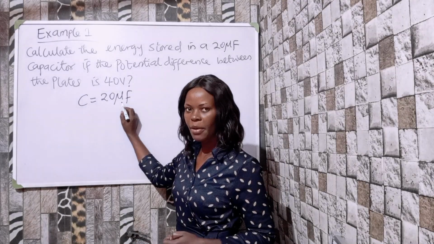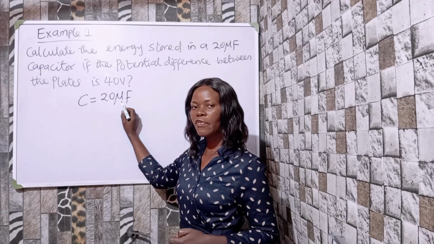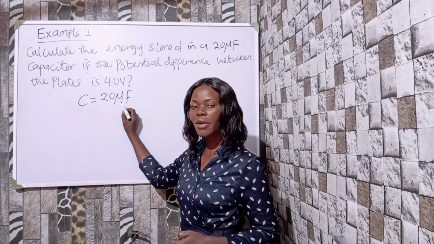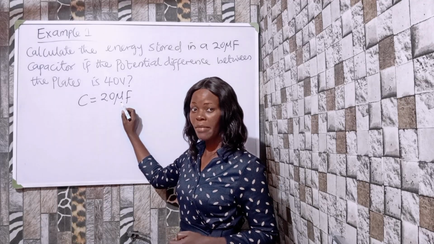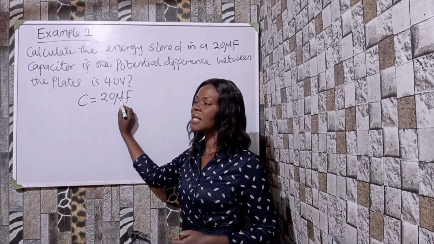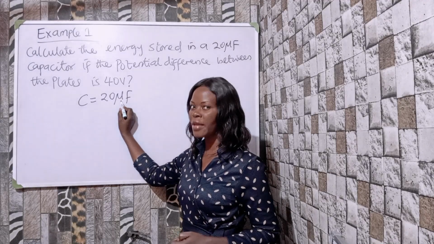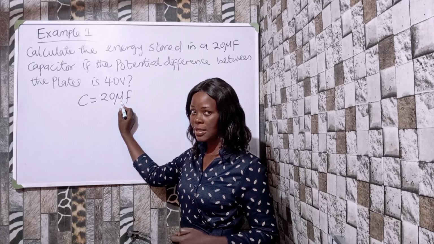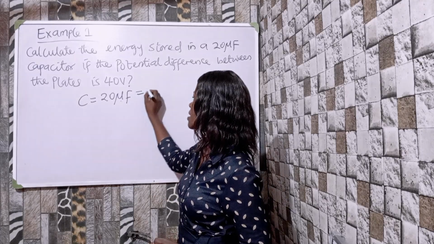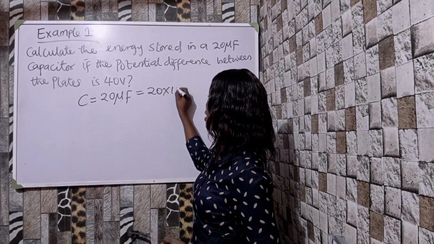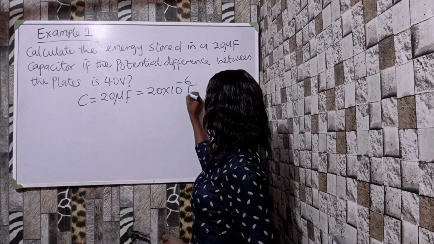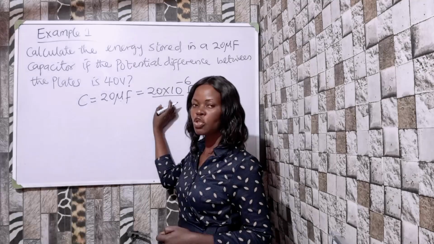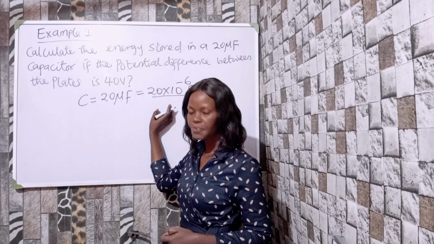Look at this, very important. When you are solving for energy stored, you cannot leave your capacitance in microfarad. So you are going to remove this micro here, and 1 micro is equal to 10 to the power minus 6. So we have 20 times 10 raised to the power minus 6 farad. This is what we are going to be using to solve for our energy.